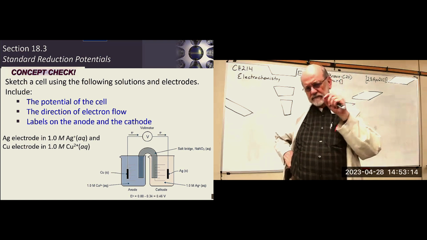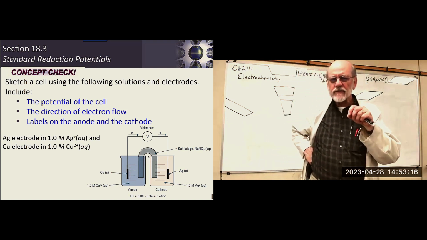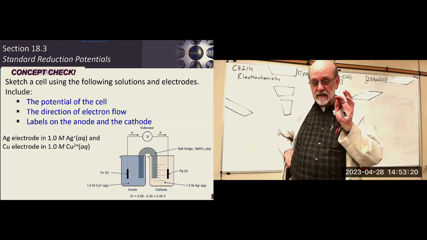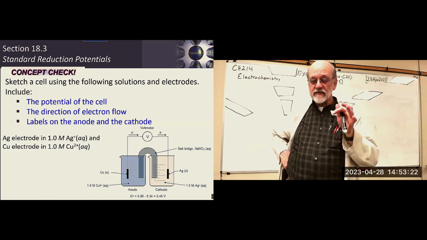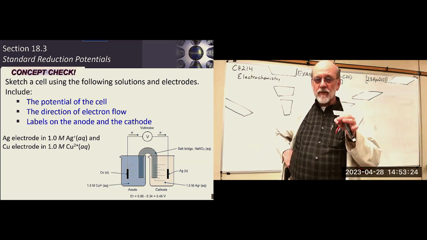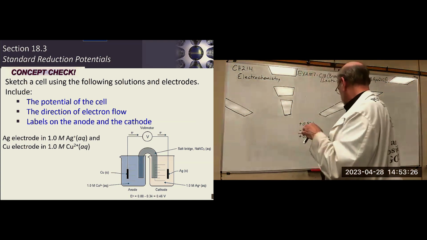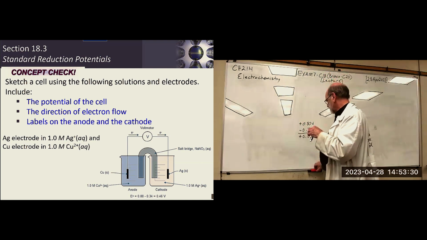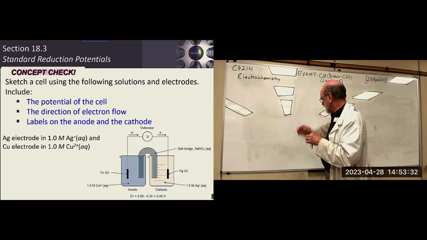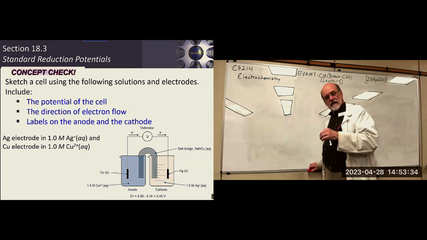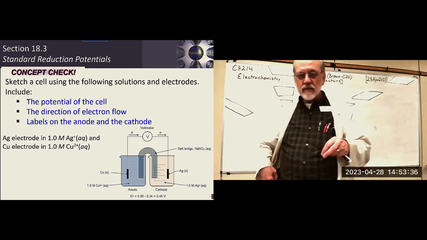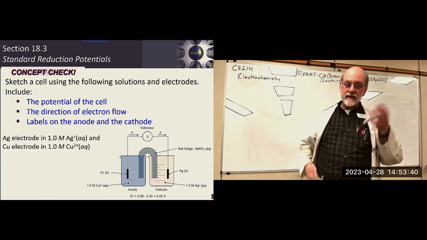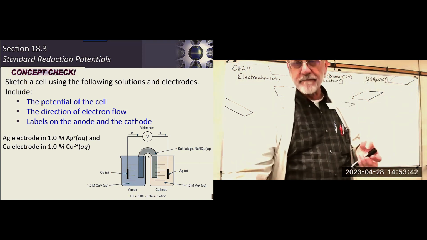Silver would have to be 0.8, right, because it's still positive. And the copper would have to be 0.34. Yeah, we did silver here. There we go. 0.8. Then the copper side would have to be reversed. 0.34 would now be a negative. Add them together and you get 0.46.